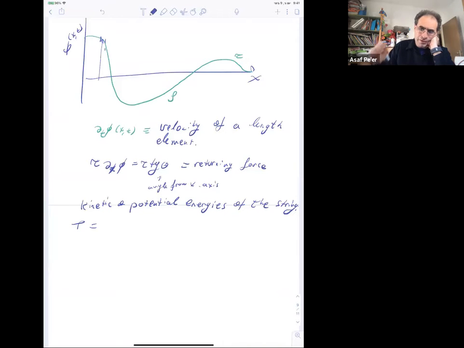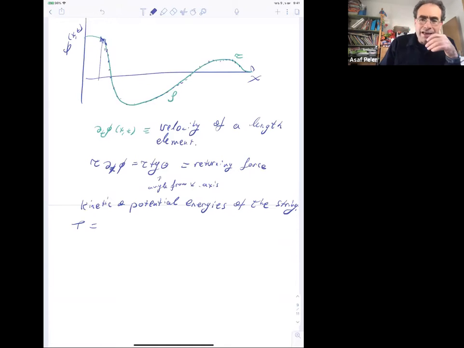You have to think of a string as essentially an infinite set of particles. You think of string elements, each string element is a particle, and you have infinite of those. Just a way of thinking of it. That's why I'm going slowly, because it can be confusing at first, under the assumption that you fully master the Lagrangian formalism.